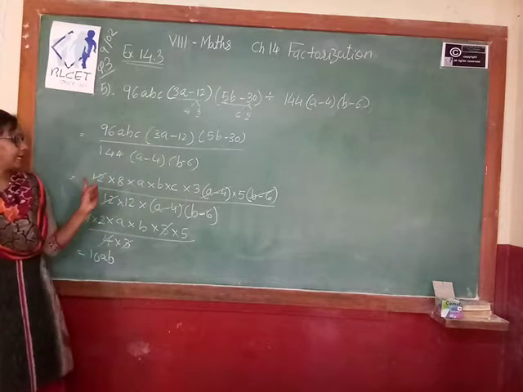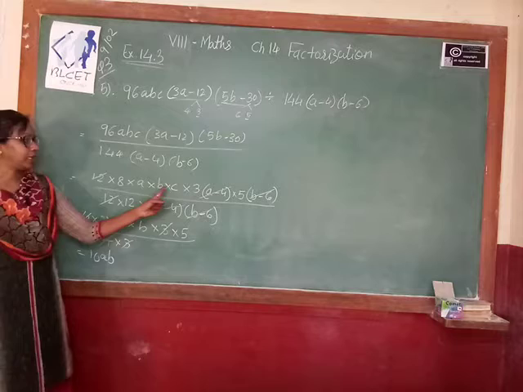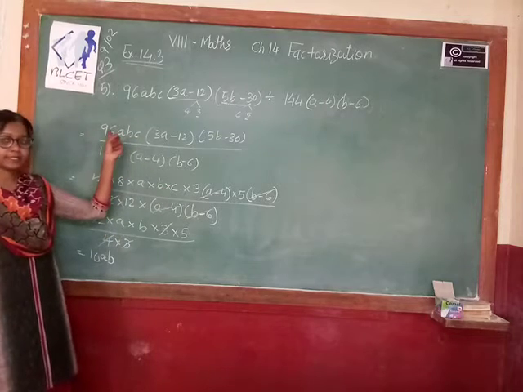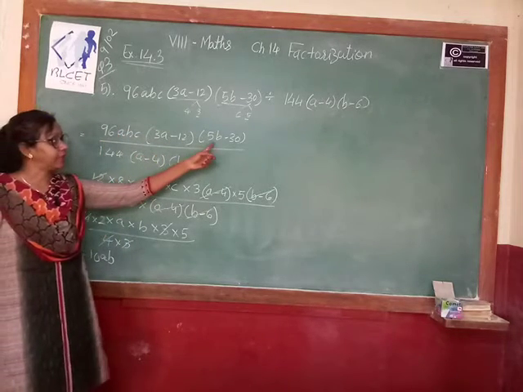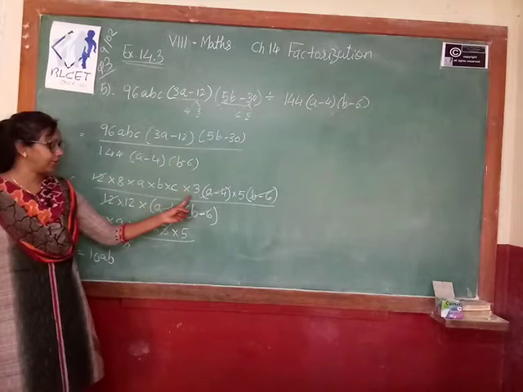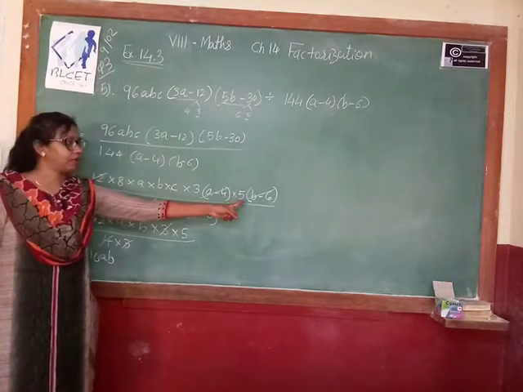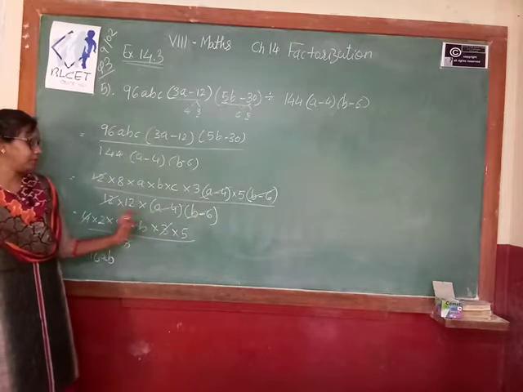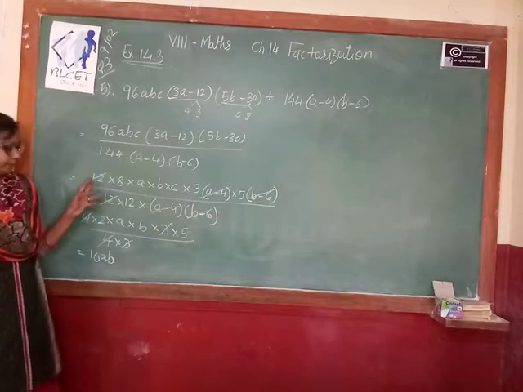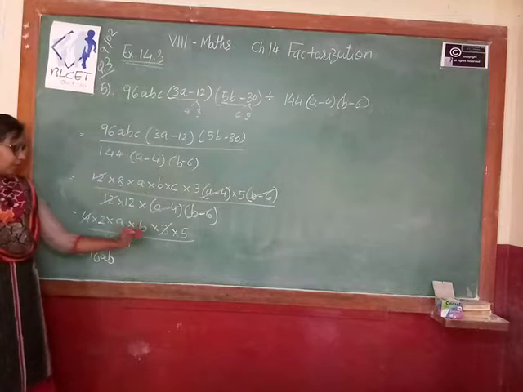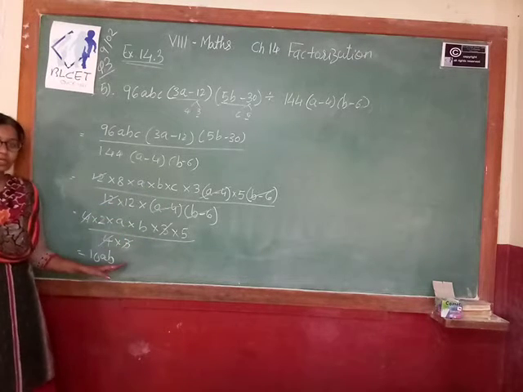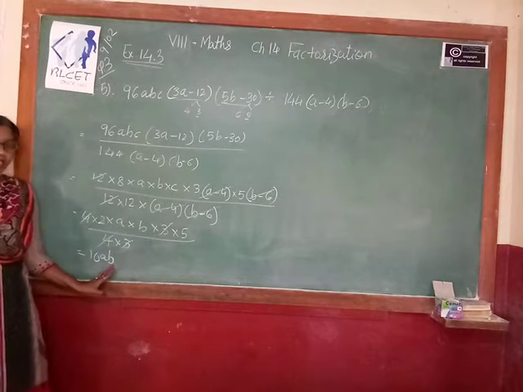Then 96abc we can write 12 into 8 into a into b into c. We can find the factors of these two terms. So what we are getting: 3 if we take common a minus 4, 5 if we take common b minus 6. So maximum terms we can cancel. If anything left, again you can do the factors of that. Again do the cancellation. You can find the answer like this.